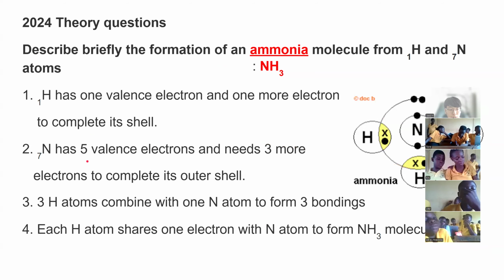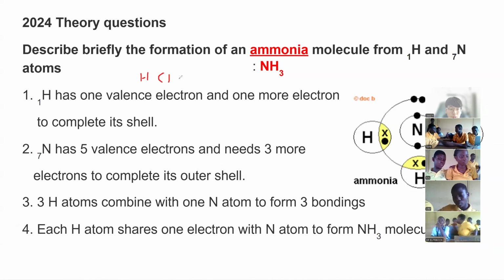It has just one in its first electron shell, and it needs to add one more to become a 2. Nitrogen has 5 valence electrons, 2 and 5, so it needs 3 more electrons to complete its outer shell.